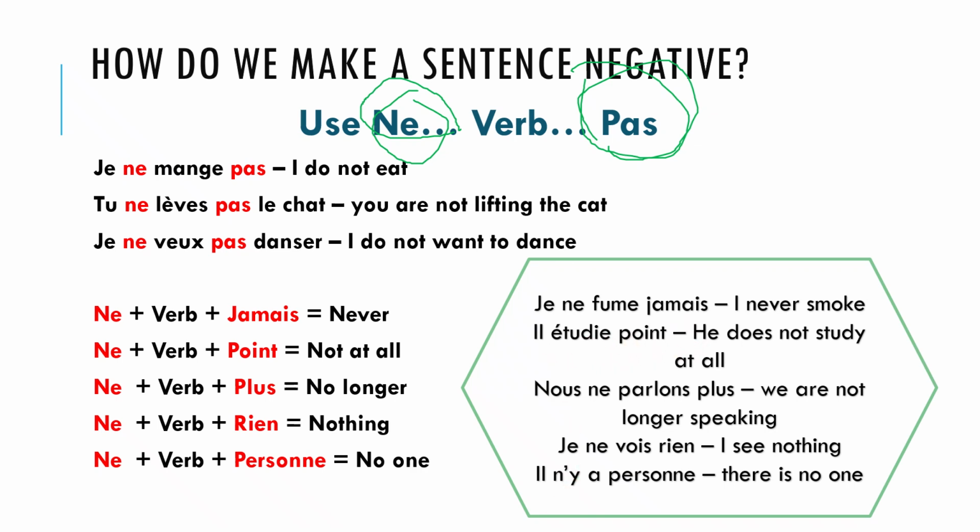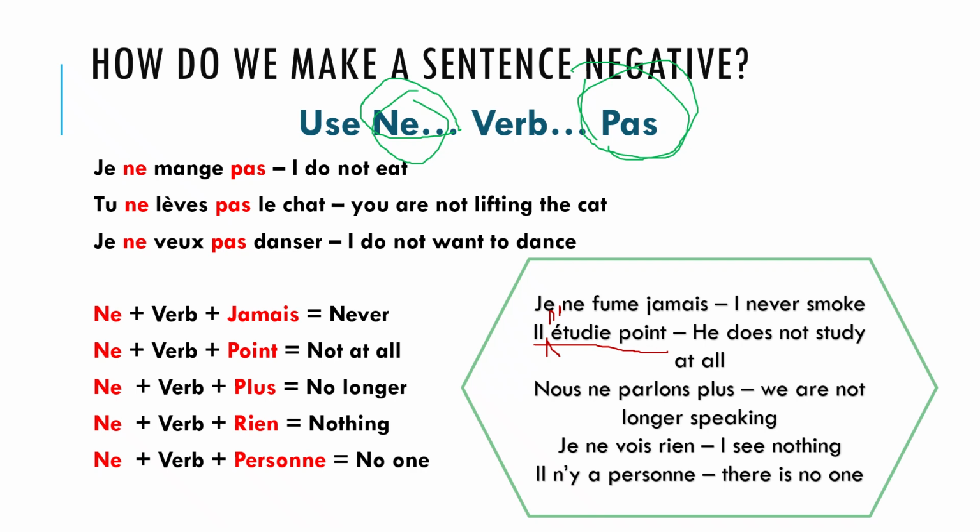And as usual, tell me what's wrong in the sentence. Point means no, not at all, but I forgot the ne. Now, this is important because there's a vowel clash, right? Ne followed by a word starting with the E. So you remove the E and you have an apostrophe.